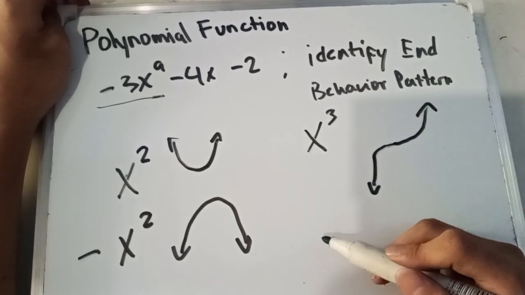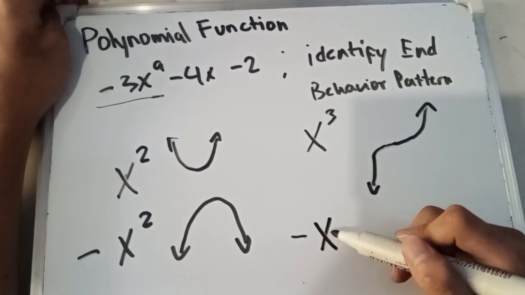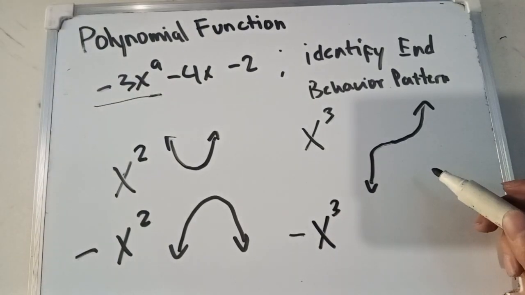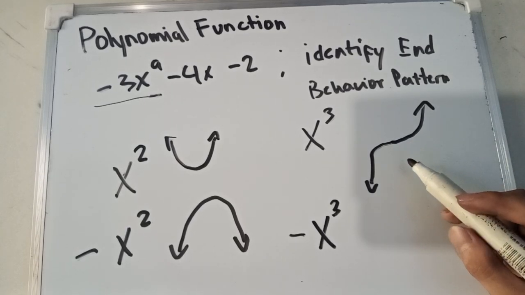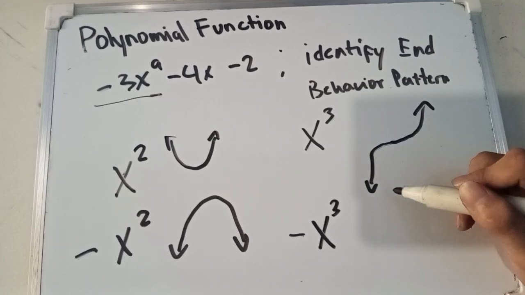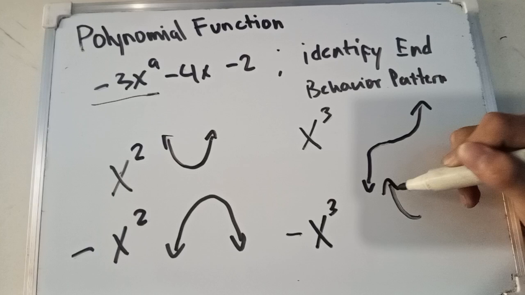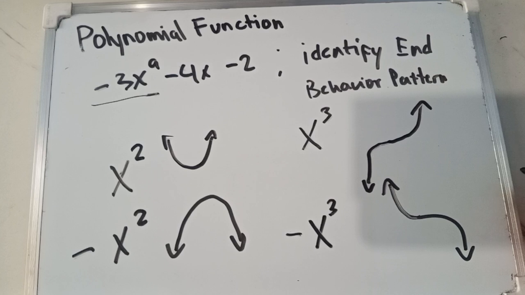Now, if it's a negative coefficient and odd exponent, we will reverse the pattern. So from left, it would rise, and to the right, it will go down or sink.